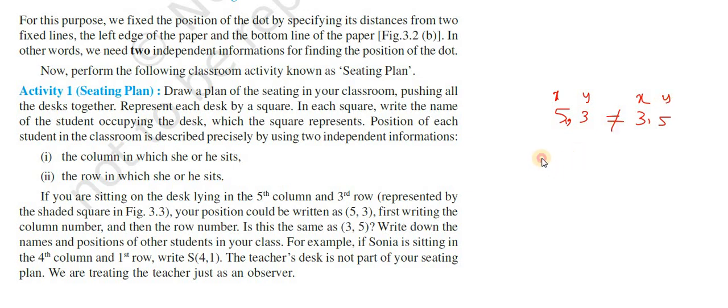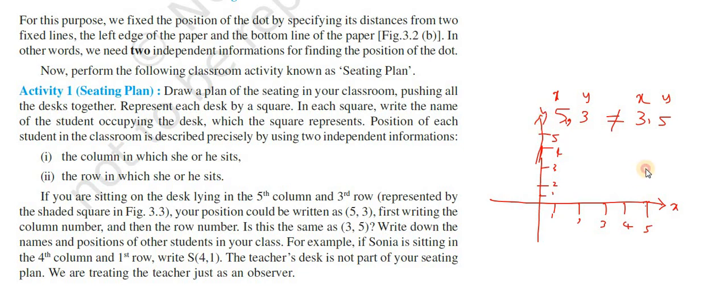Suppose you want to locate 5 comma 3. Here 1, 2, 3, 4, 5 and here 1, 2, 3, 4, 5. To locate 5 comma 3, the first number is on the x axis, 5, and the y axis, 3.